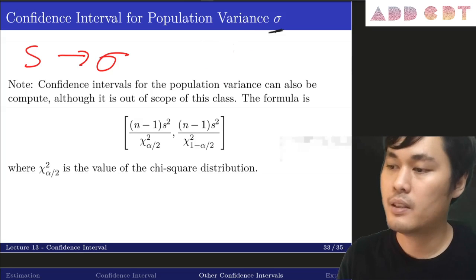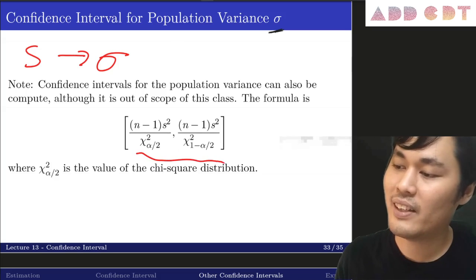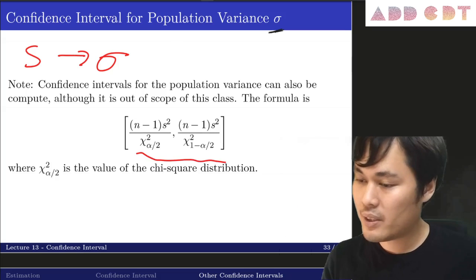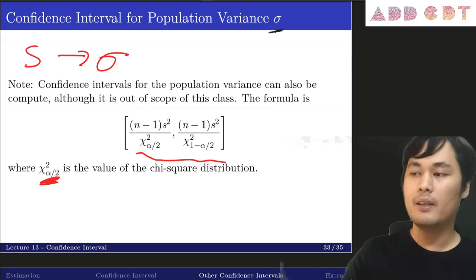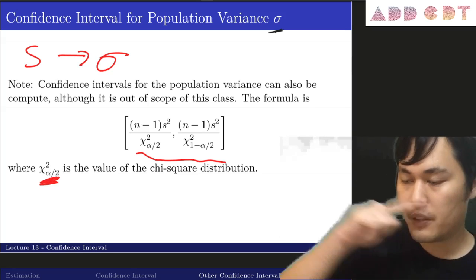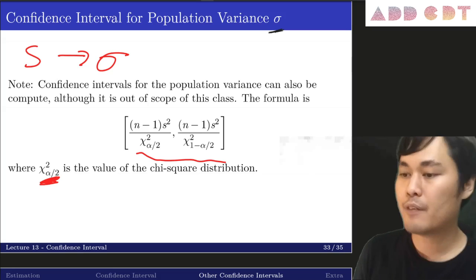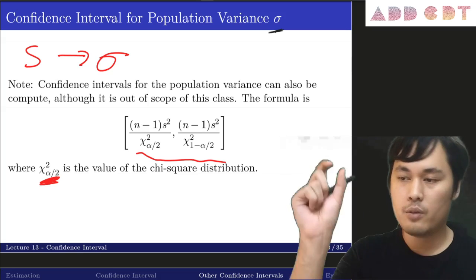So that's harder, and you can see the formula here. That is more complicated. Nevertheless, again we have to know what kind of distribution it is. We know that the distribution for sigma is a chi-square distribution, and that's why we have to go to the chi-square table to look up the values to put in.